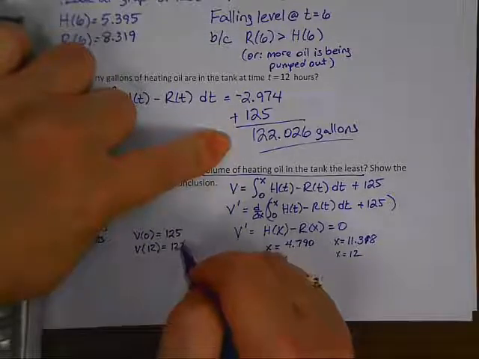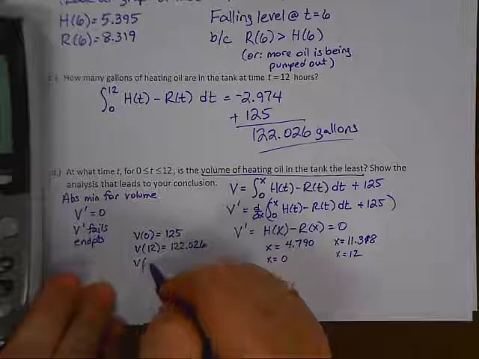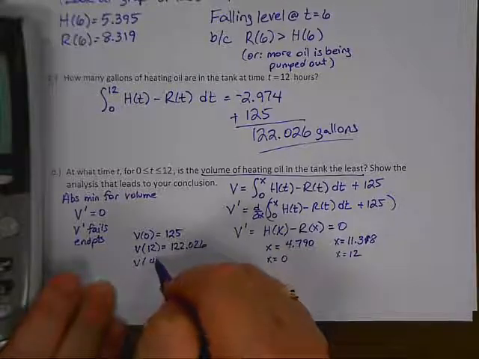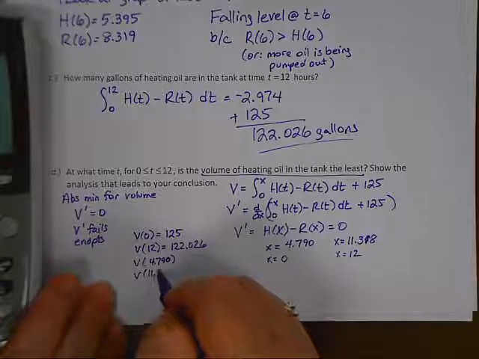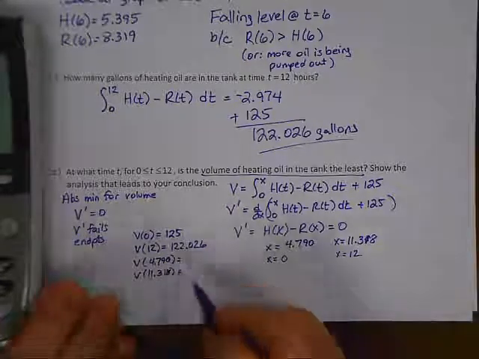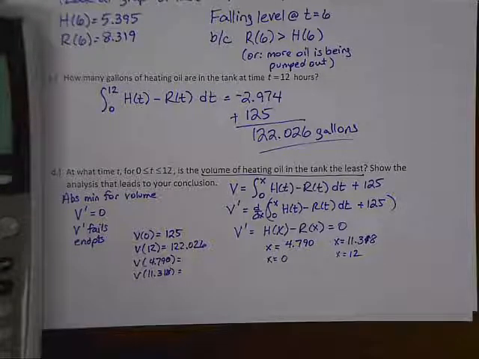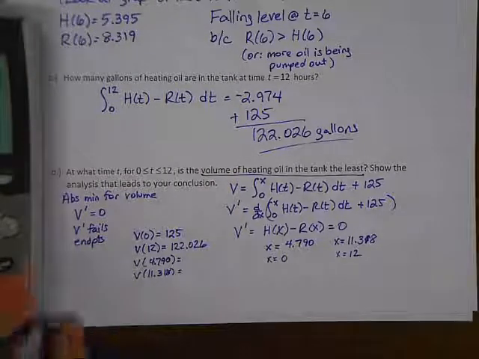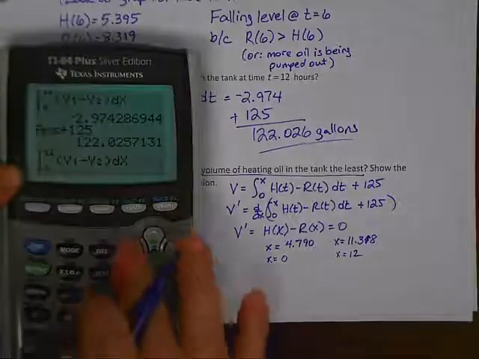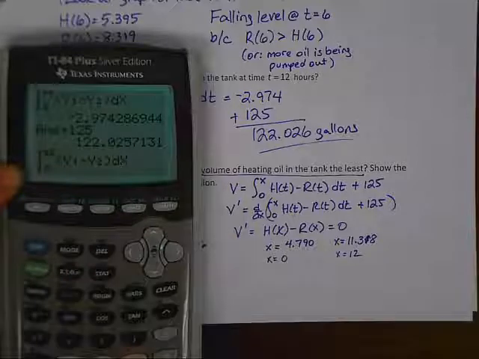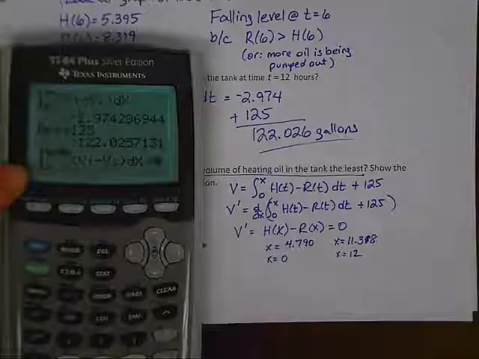That's 122.026. So now we're going to do V of 4.790 and V of 11.318. I'm going to go back and recapture that integral that I did right here, 0 to 12, and I'm going to change the 12 to 4.790. And I've got to remember to add the 125.